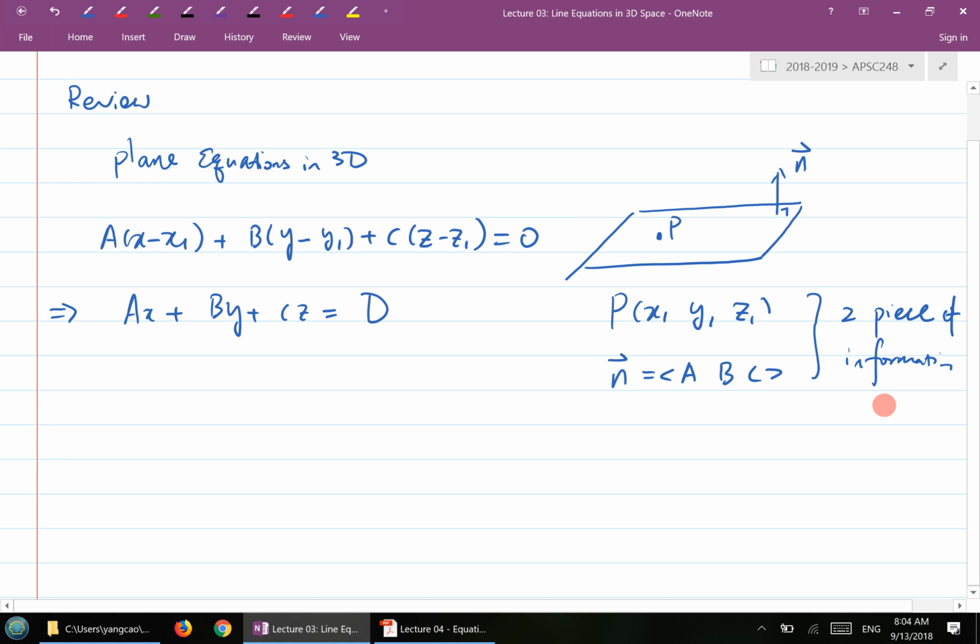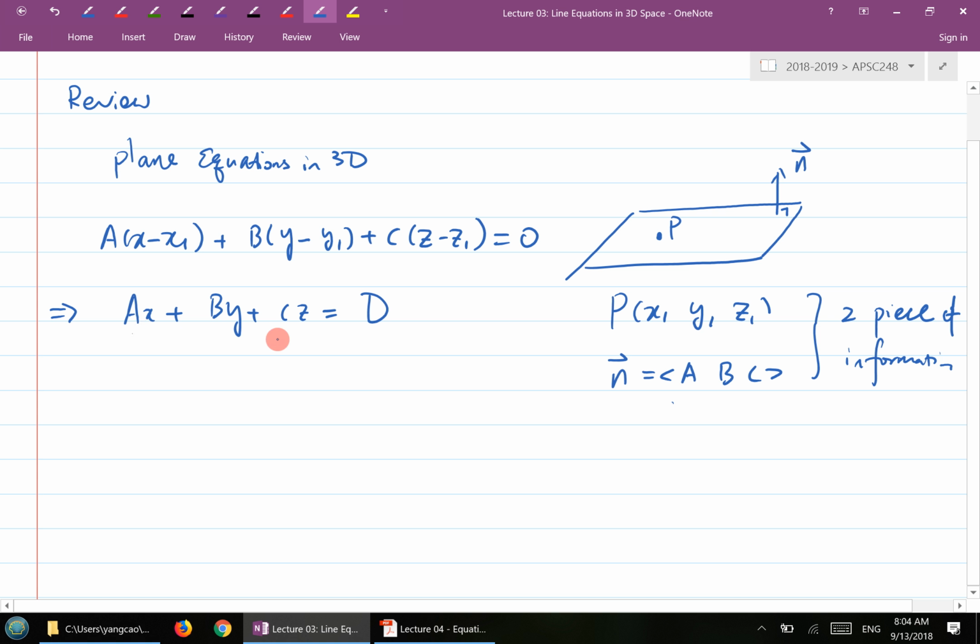And as mentioned, when you're solving a question, sometimes the question is to find a plane equation, and sometimes you're given a plane equation and required to solve for some other information. If you're given the plane equation, then the first step, before you do anything else, is that you should be able to write down the normal vector n, which is a, b, c, the coefficients.